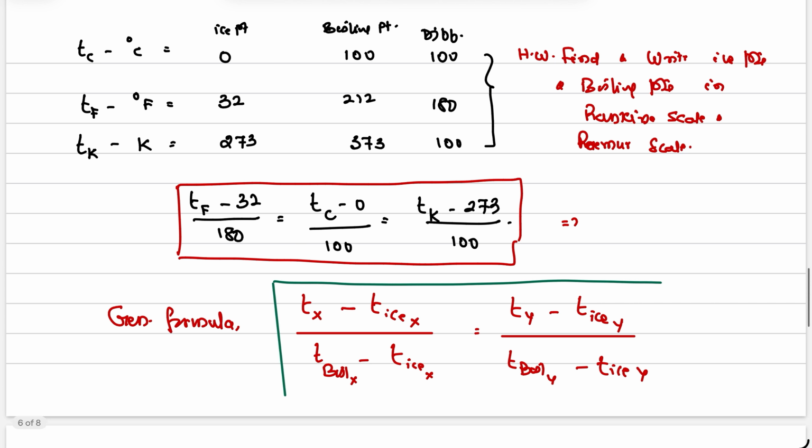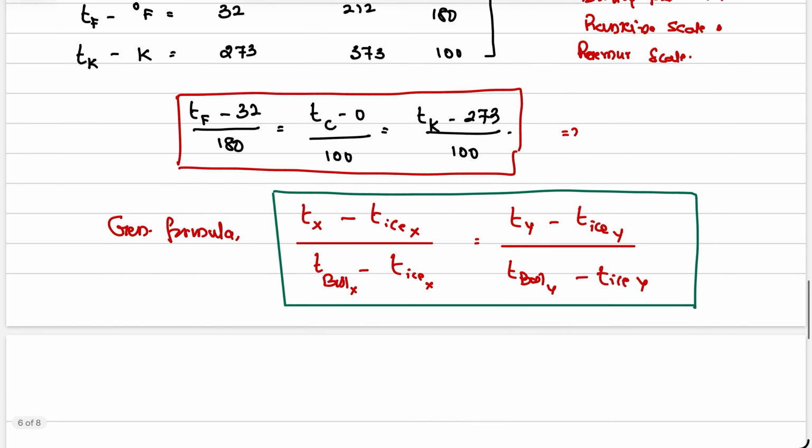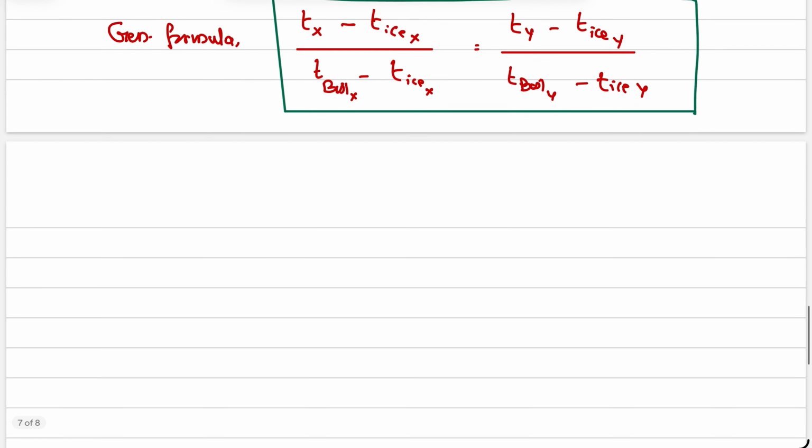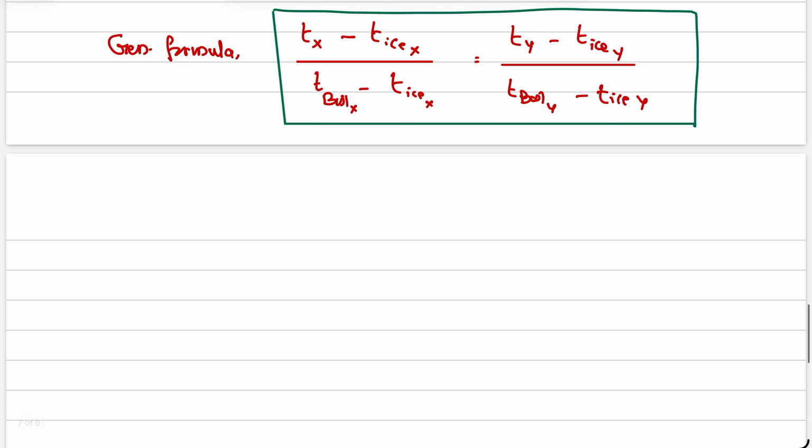You are able to understand? This formula, if you have, whatever the scale is given in the examination and asked to convert from one scale to another scale, without knowing its name also, you can easily convert. I will again write for your convenience. Please, this is very important. Tx is to be found out.